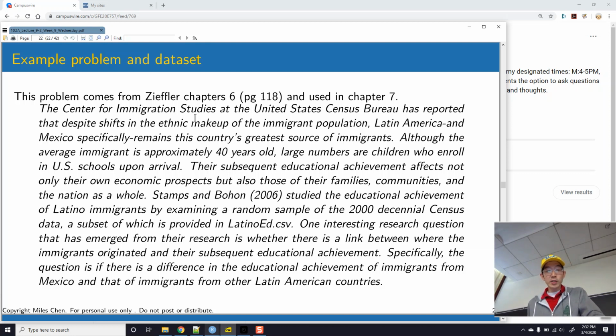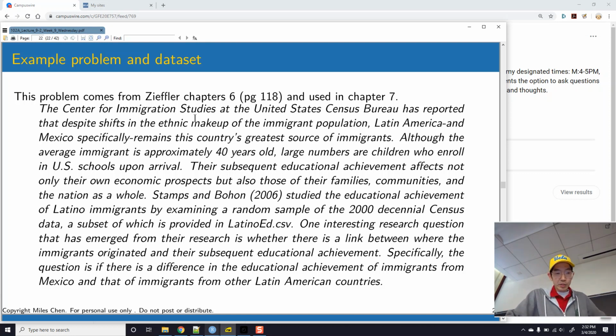Their subsequent educational achievement affects not only their own economic prospects, but also those of their family, community, and the nation as a whole. So Stamps and Bohan studied the educational achievement of Latino immigrants by examining a random sample of the 2000 decennial census data, a subset of which is provided in the CSV file.